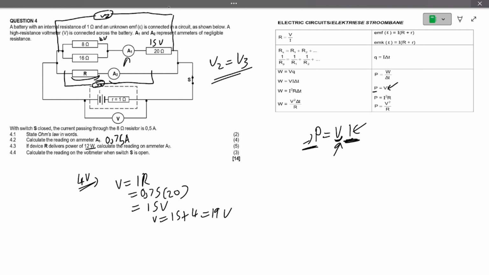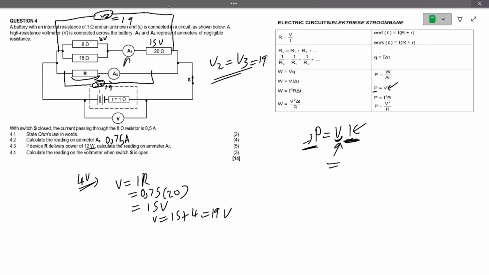And then we just come and substitute the total voltage here will be 19, and then here is going to be 19. So it's the same total voltage across this branch because they're in parallel with one another.